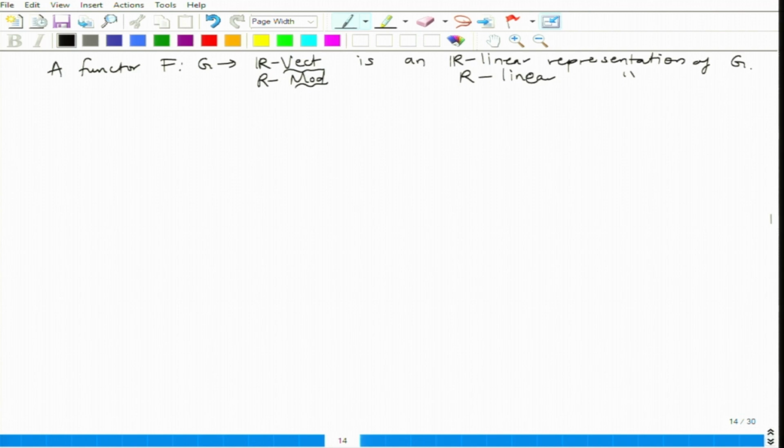If you are interested in representations of groups, you usually map it to vector spaces, because we believe that we understand vector spaces better than we understand groups. So that's why this is the right thing to do.